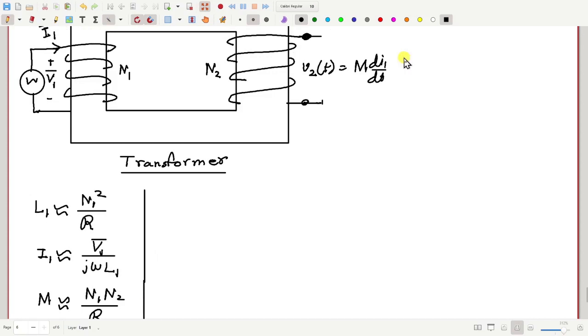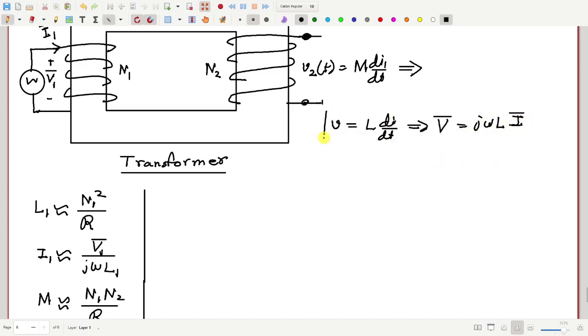Now, if I write this using phasor notation, what do you think this will look like? This equation is analogous to the equation for a single coil, that V is equal to L di/dt. For a single coil, the phasor equation becomes voltage phasor is equal to j omega L I bar.